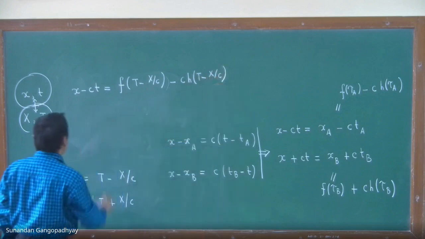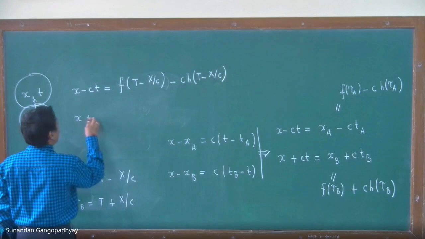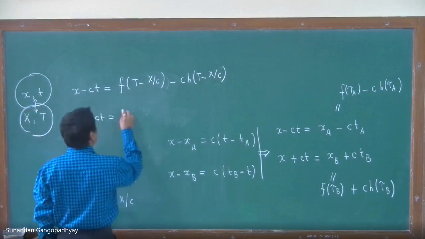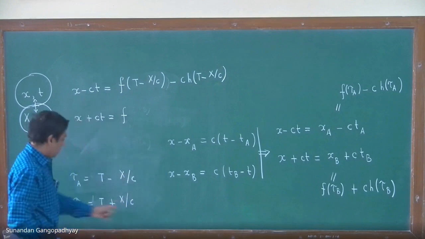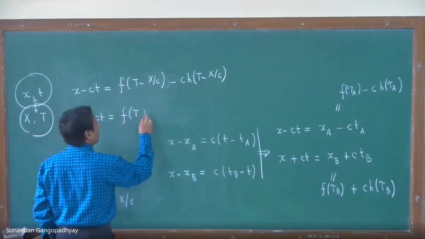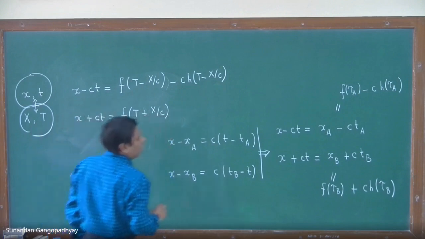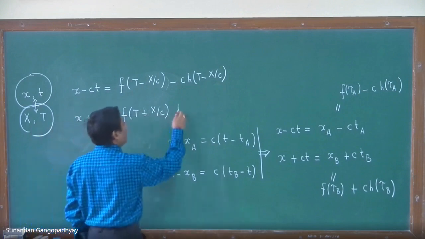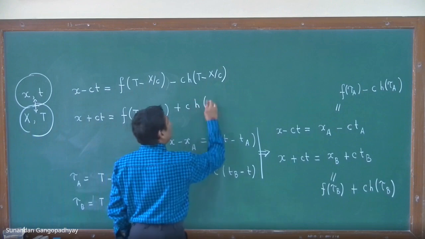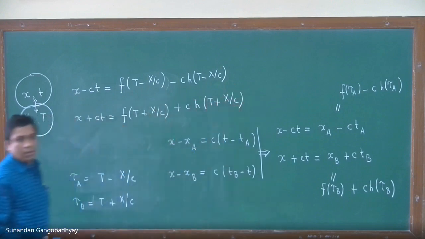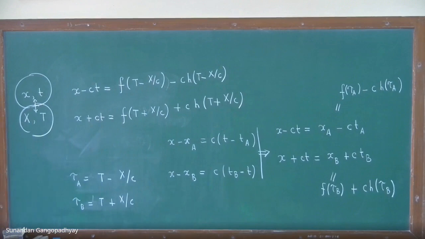And X plus cT is equal to f of tau B, but tau B is this, so this is f of t plus x by c, plus c h. So we have got the connection.